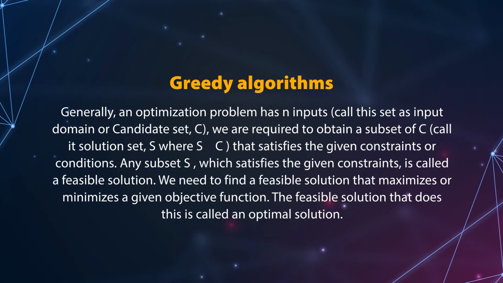And how will you add the inputs into the solution set? That will be based on the constraints or conditions given to you in the problem. Like the example I started with, you are given a number of mangoes that you have to put in the bag, and that bag has a constraint. The bag can have this much capacity, like 4 liters or 5 liters.